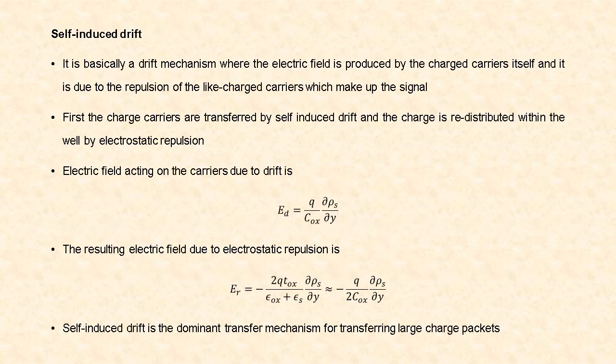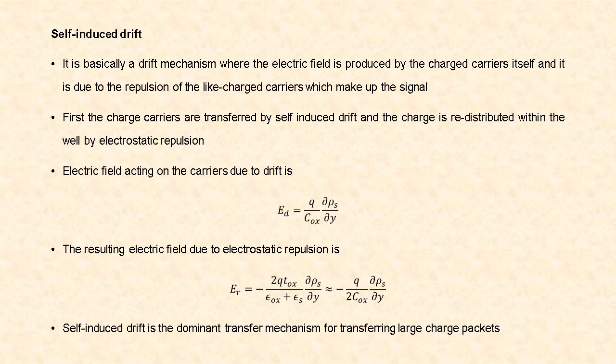Next is self-induced drift. This is basically a drift mechanism where the electric field is produced by the charge carriers themselves and it is due to the repulsion of the like charge carriers which make up the signal. First, the charge carriers are transferred by self-induced drift and the charge is redistributed within the well by electrostatic repulsion.